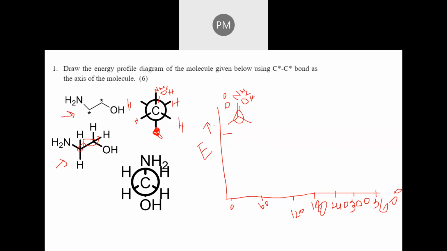So when the torsional angle is 0 degrees, this will be the less stable conformation.